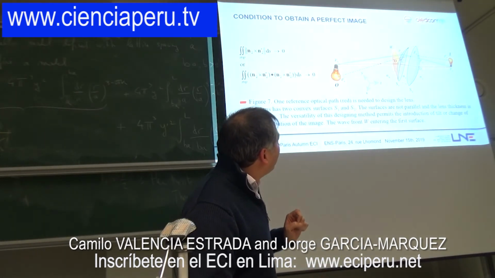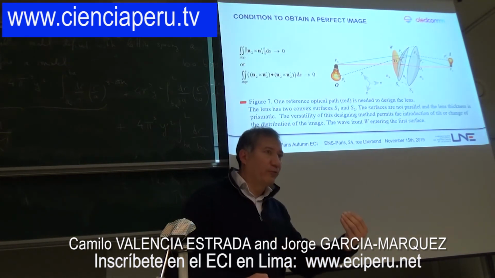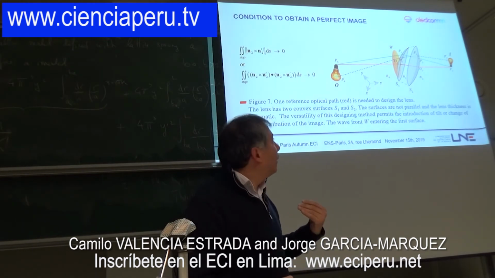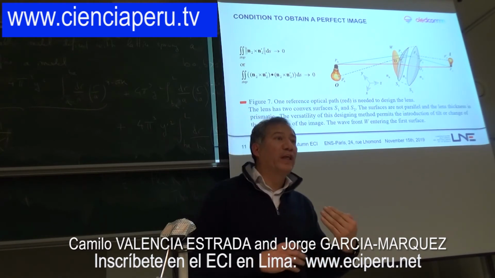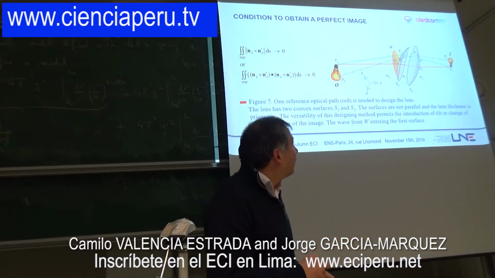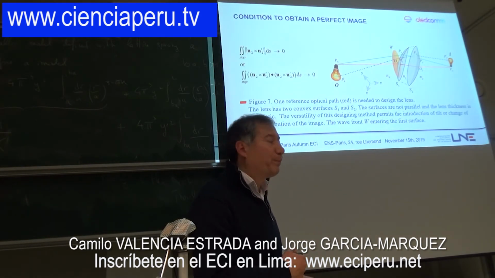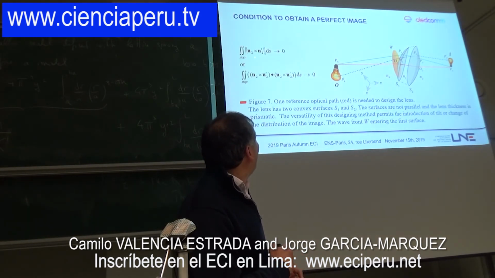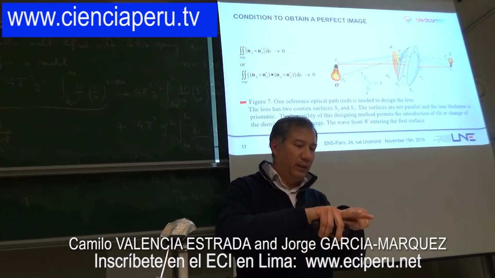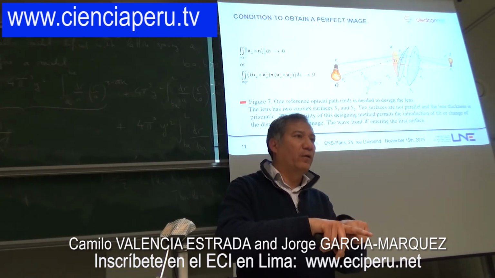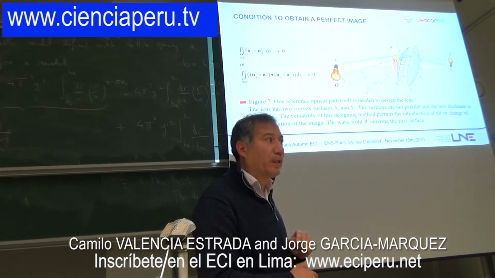So to guarantee that, we first of all obtain the second surface, and then we include the second point, and we are going to obtain a second surface that will intersect the first one in this point, in P2, if the normals of both surfaces are parallel. Then we are going to have an aberration-free surface here, image here.